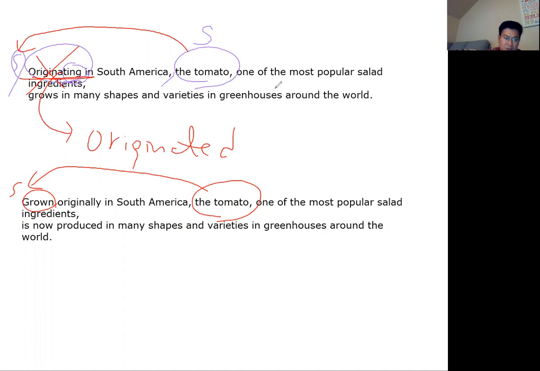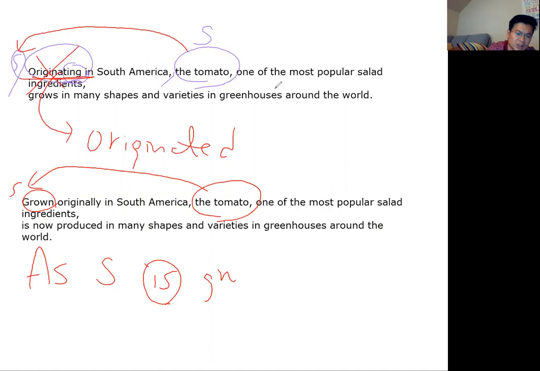It makes sense. You can just think of it as, if you have any participle that starts the sentence, you can just assume a subject, and then if it is a past participle, you have to put is or was or whatever the situation, a be verb, and then in this case is grown. So as the tomato is grown originally, or as the tomato was grown originally.